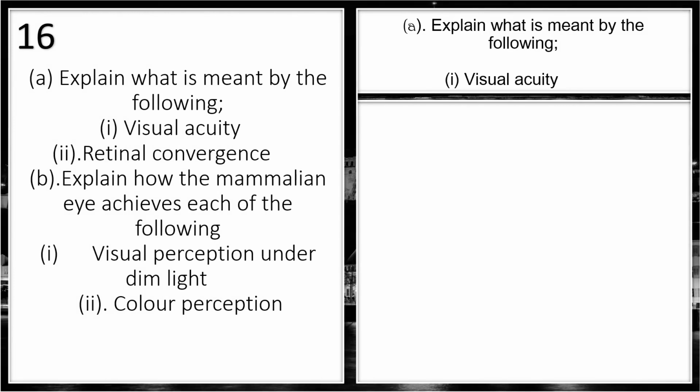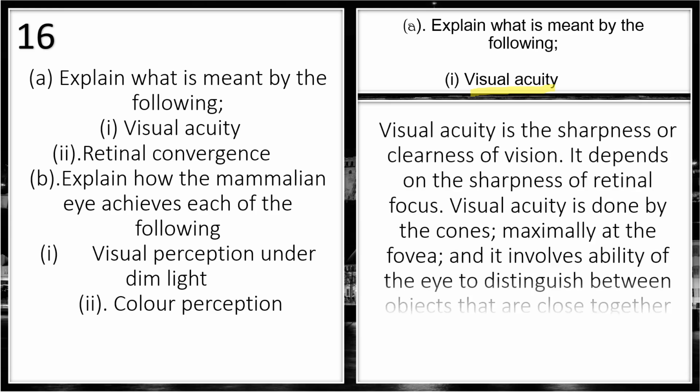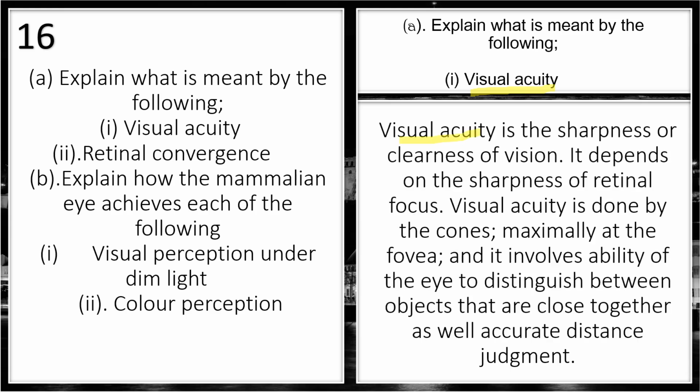Explain what is meant by the following. Number 1. Visual acuity. Visual acuity is the sharpness or clearness of vision. It depends on the sharpness of the retinal focus.